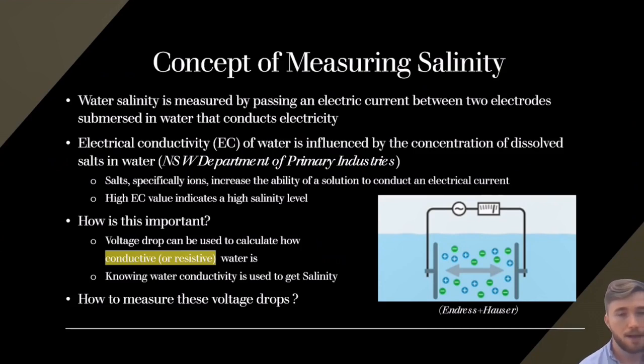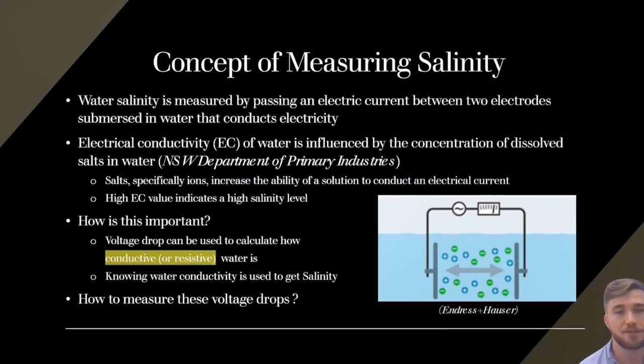That's because in the current that flows between the two electrodes in the water, there will exist a voltage drop. That is because while water has the ability to conduct electricity, it also is somewhat resistive, or has resistivity. This resistivity will affect how much voltage drop occurs between the electrodes in the water. And by knowing the conductivity, or inversely resistivity, one can calculate salinity.